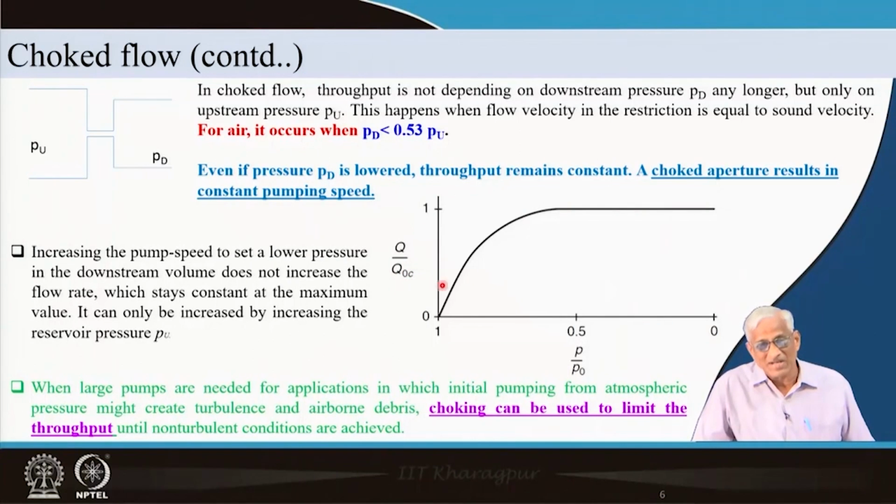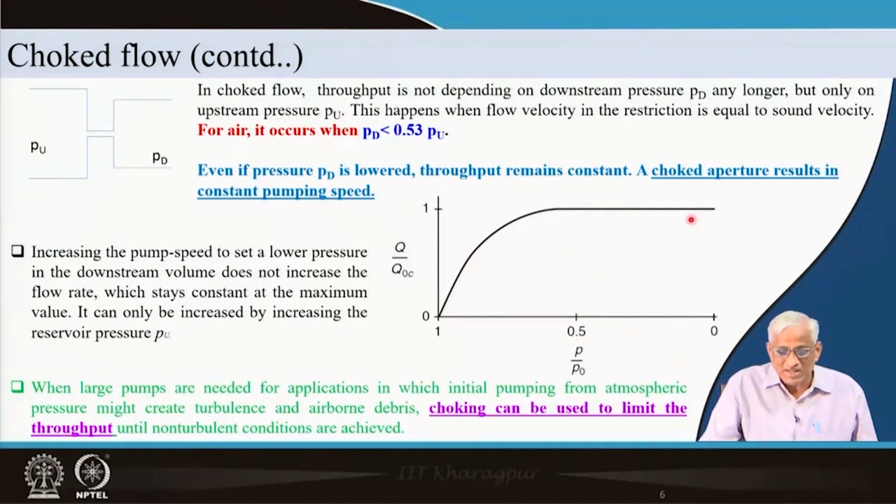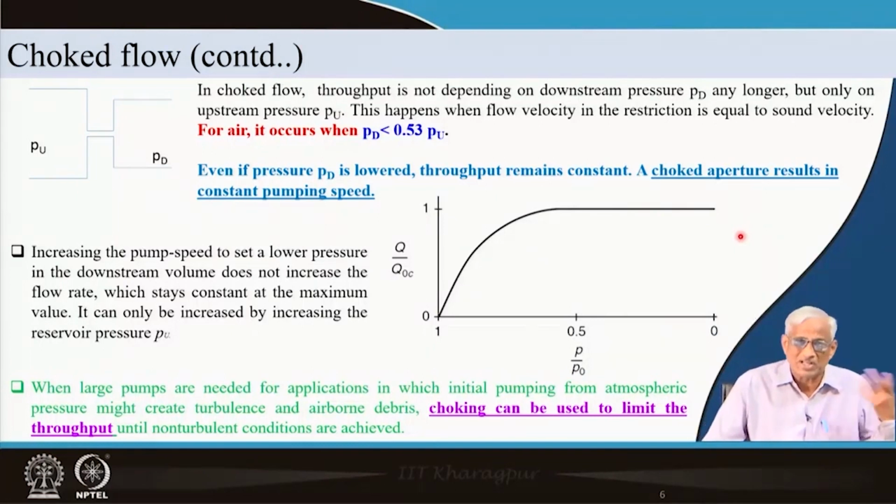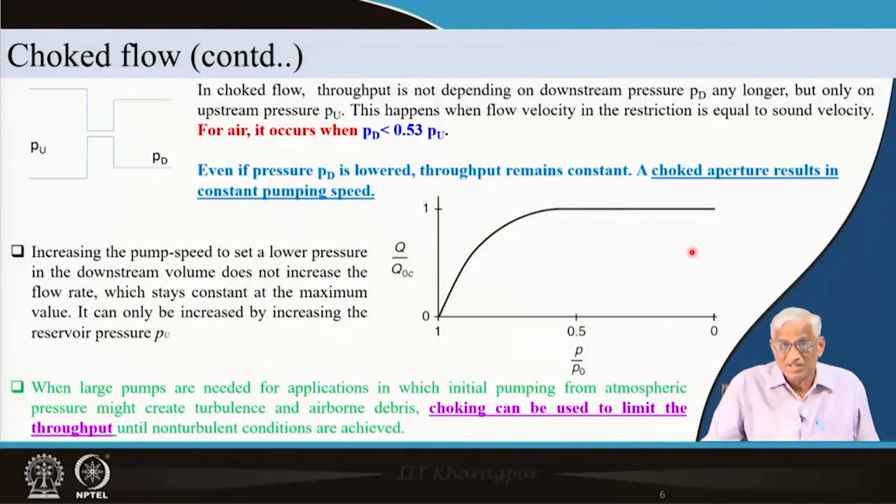So, Q by Q naught in normalized conditions, I have plotted this curve, because different Q naughts may be there, and Q by Q naught will always be a particular factor. So, this will be applicable for various situations, various pumps, various chamber volumes, various constrictions, but it should be a constriction. Then once P by P naught crosses 0.5, you will enter into choked flow.